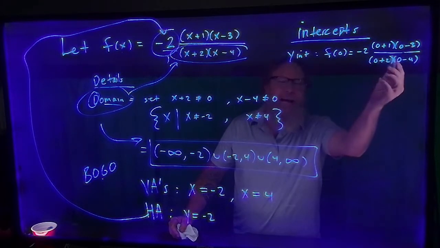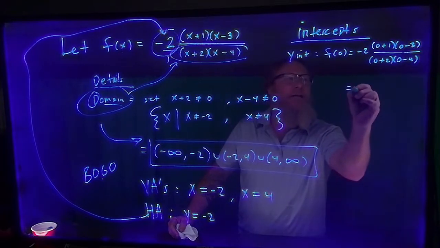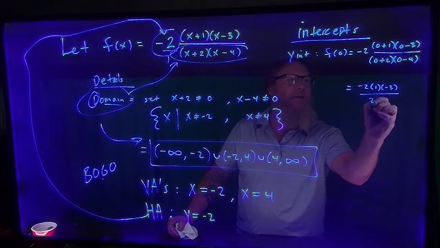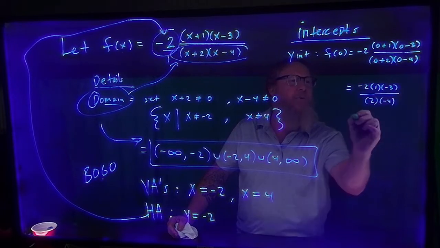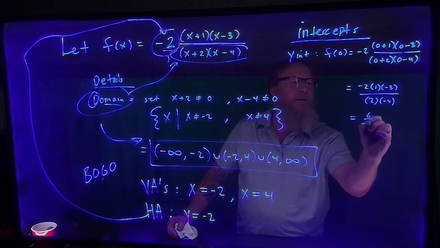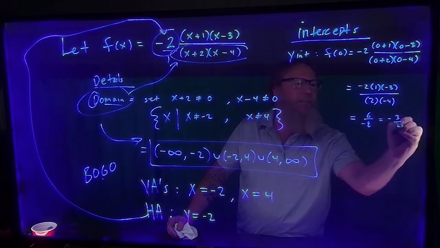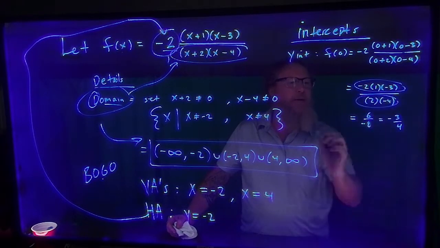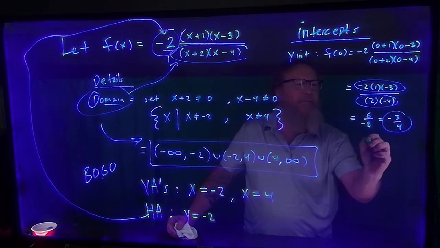It's a lot of writing, but it snaps out very quickly. You get -2 times 1 times -3 over 2 times -4. The numerator becomes 6. The denominator becomes -8, so it's -3/4.